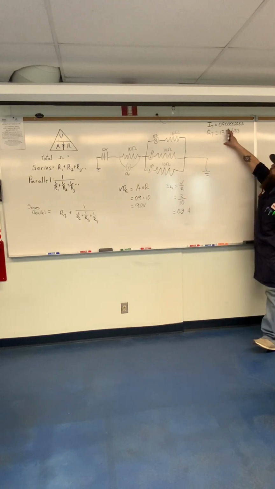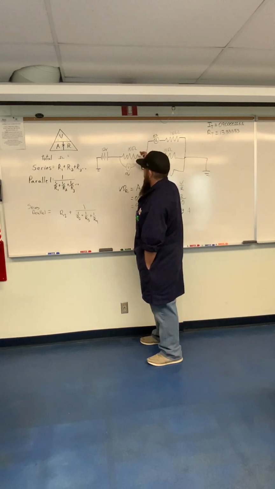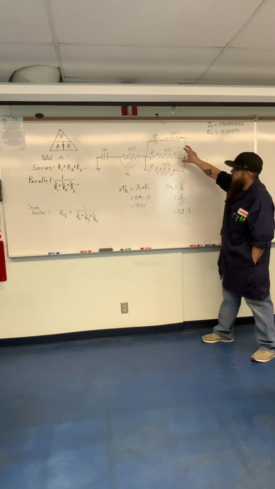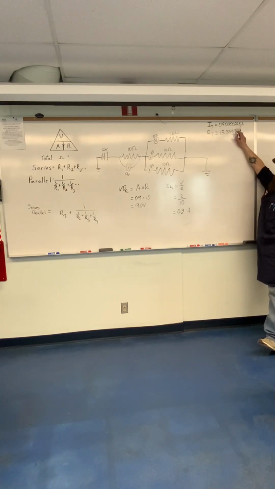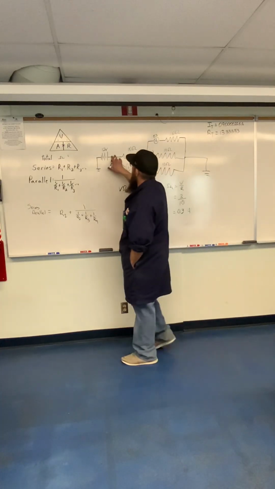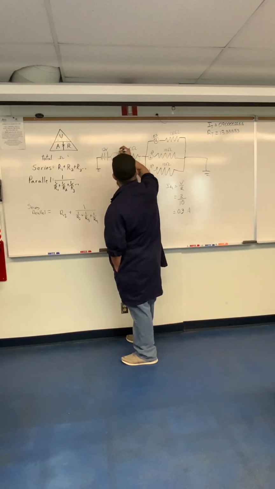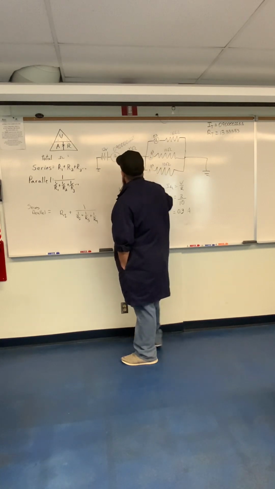Our total amperage was 0.900225. We could figure out the amperage of this guy if we wanted to, but if we look at the difference of our total versus what is being used here, we are left with 0.0000225 amps. Very minimal amperage being consumed by this guy, but it would be the total amperage of the circuit still. If we had an ammeter here, it would read 0.900225.